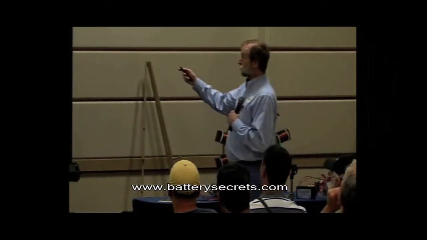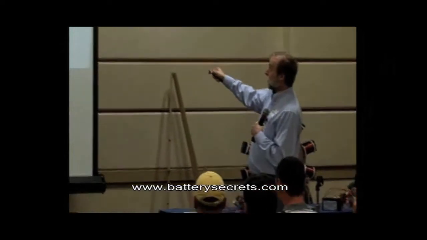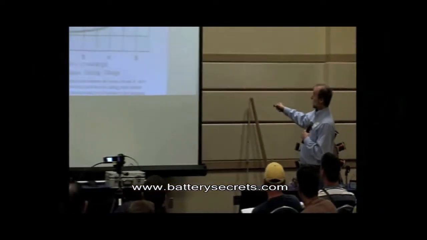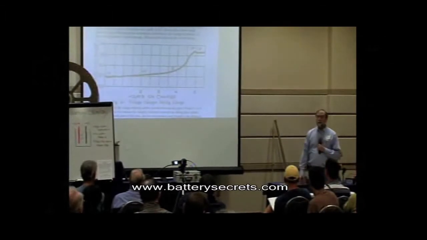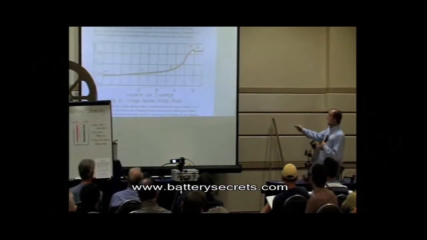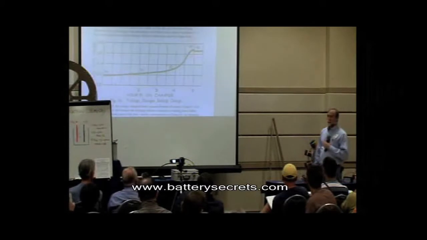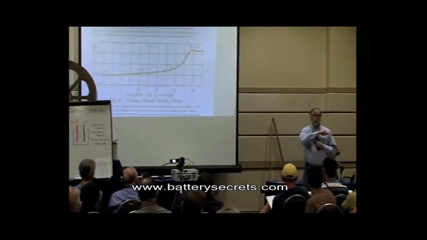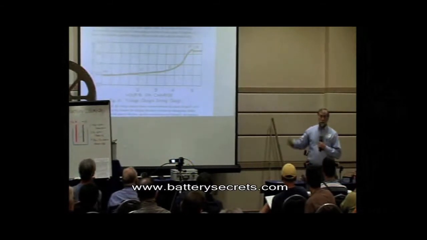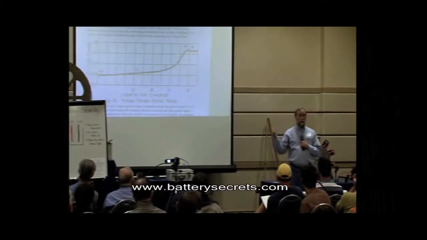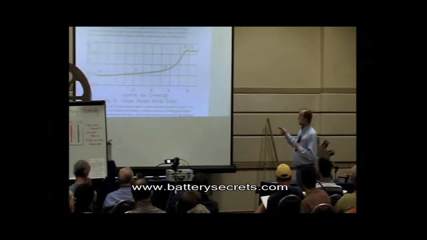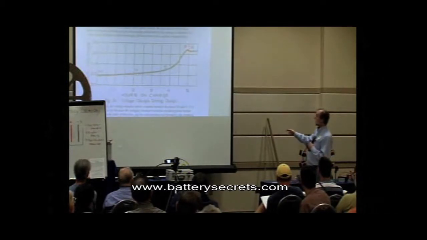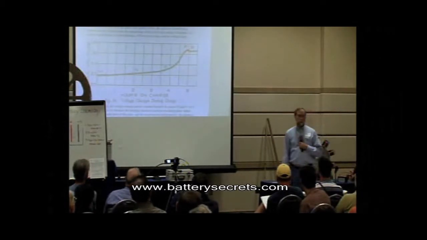So the idea is, if you're watching what the battery is doing, then you can see this. It just tells you. Because the voltage keeps rising and rising, and then it hits its peak, and then it drops. The only thing that will make it drop here is that it's telling you the chemistry is done.